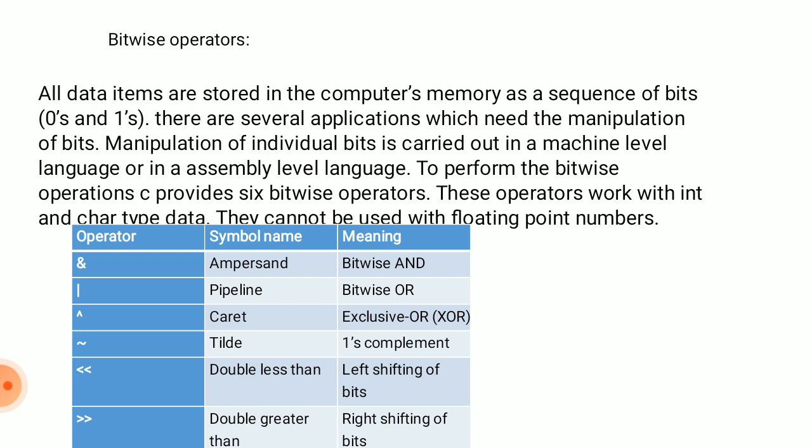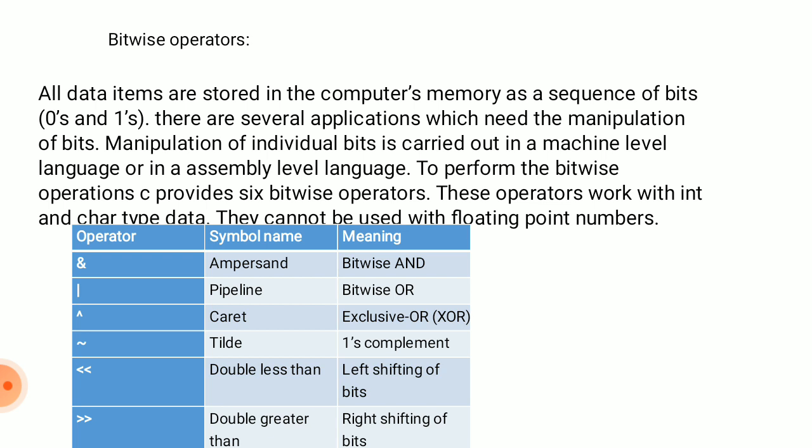As we perform arithmetic, logical and relational operations, the same way we can also manipulate the bits, that is a bitwise operator. But the bitwise operators are used only in machine level language or assembly level language.